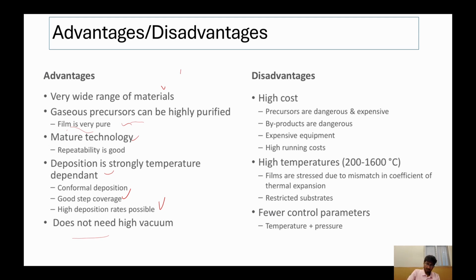Okay, and on the other hand there are some disadvantages. High cost, because there are certain things which are very costly in the CVD chamber, which you have, precursors. The precursors are really very dangerous. They are explosive. Okay, they are highly pyrophoric, and some gases are not good for the health of the environment as well.